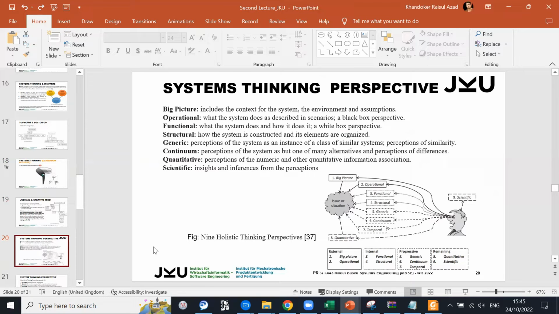And systems thinking actually has different parts: operational, functional, structural, generic, continuum, quantitative, scientific. This is quite boring to me, but it's good to know. Different people describe or do systems thinking differently. The point of bringing those things here is that you should know how systems thinking actually works.